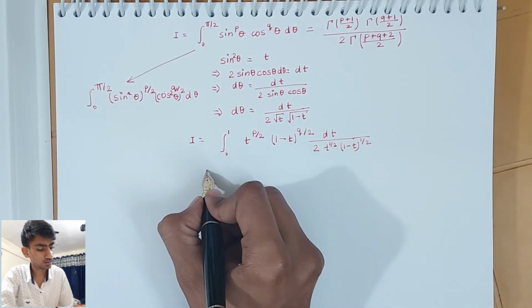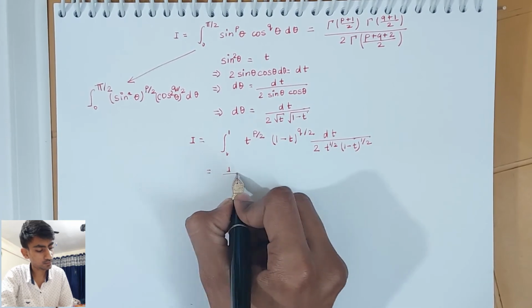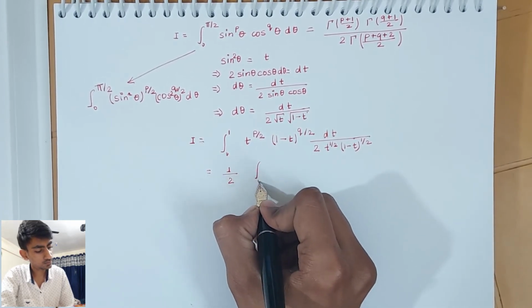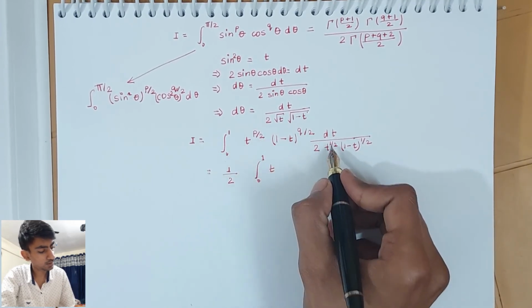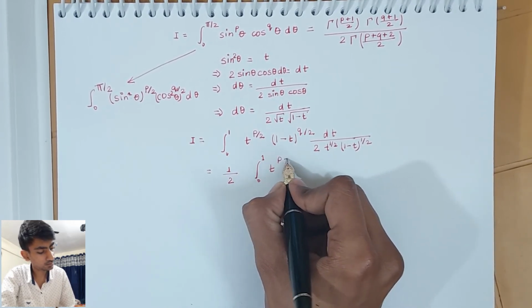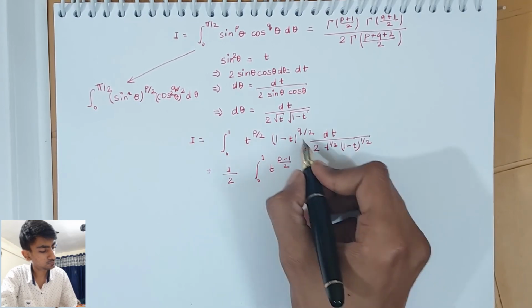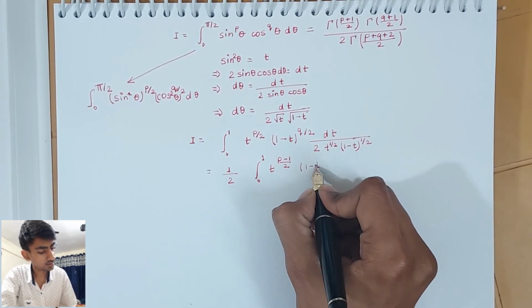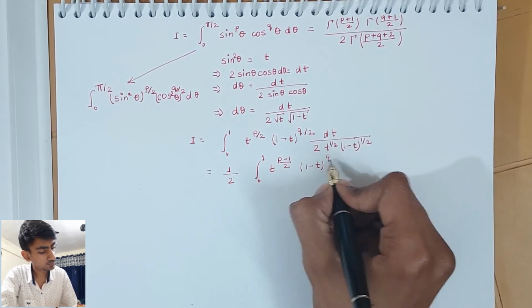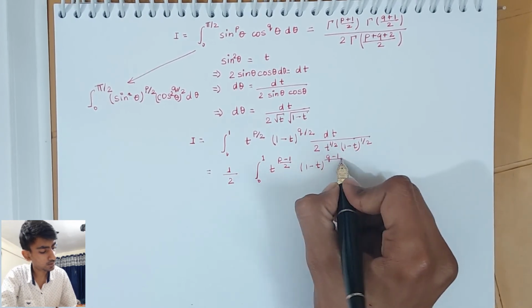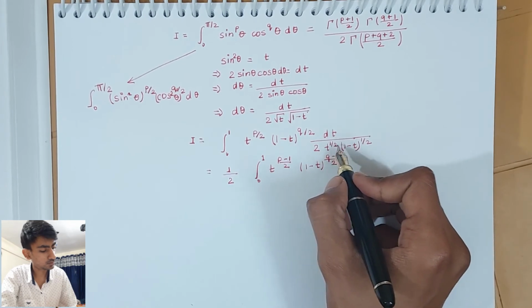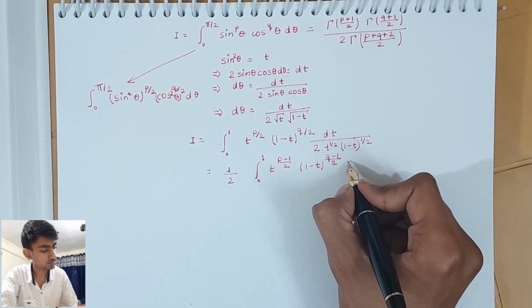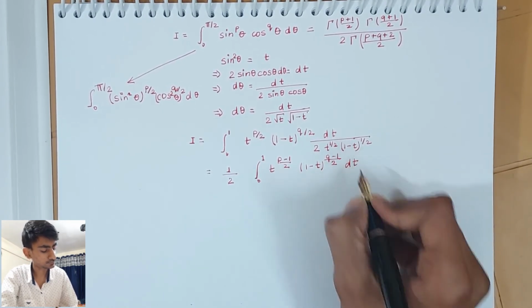So if we clean this up, we will get 1 by 2, 0 to 1, t to the power p minus 1 by 2, and 1 minus t to the power q minus 1 by 2. These 1 by 2 come from the 1 by 2 in the denominator over here, and dt.